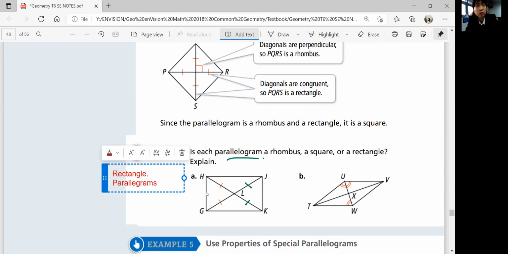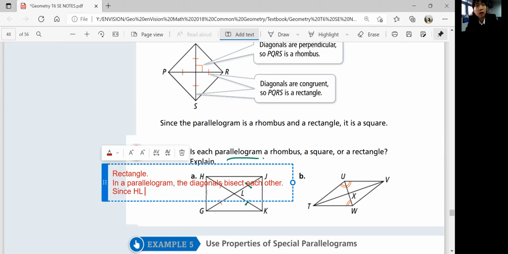In a parallelogram, the diagonals bisect each other. Since HL is congruent to GL, they must also be congruent to all of HL, LK, KL, GL, and JL.